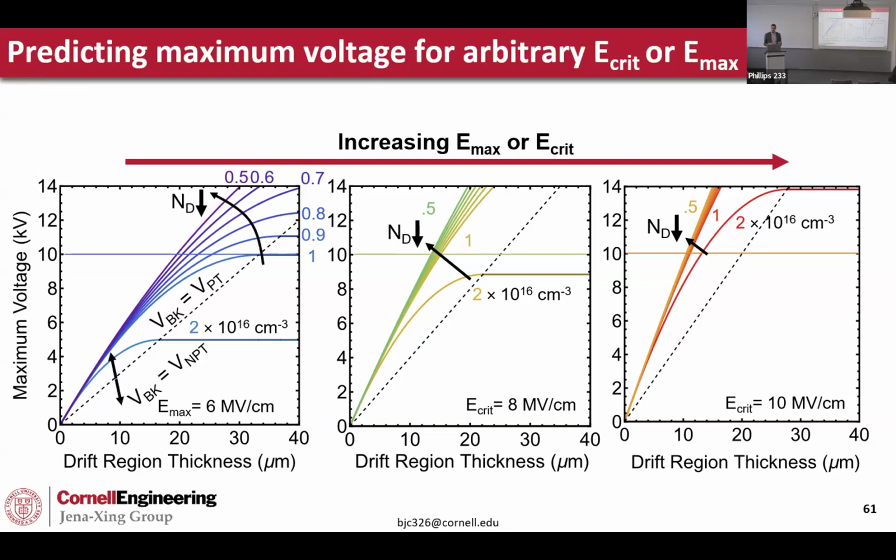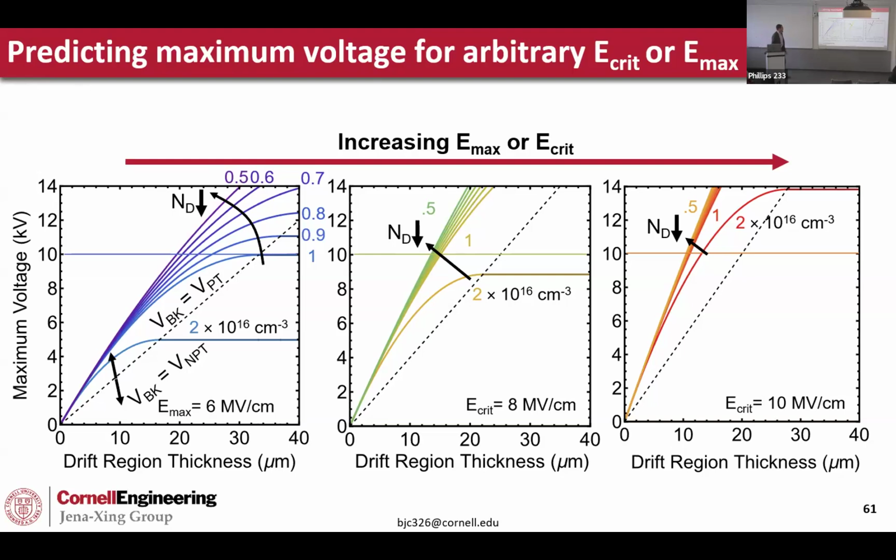That's also useful because typically you want to operate at the highest field you can before you start encroaching on these high field effects. So 6 megavolts is 75% of 8, which is roughly 75% of 10. If the true value is 8, you can operate at 6. If the true value is 10, you can operate at 8.